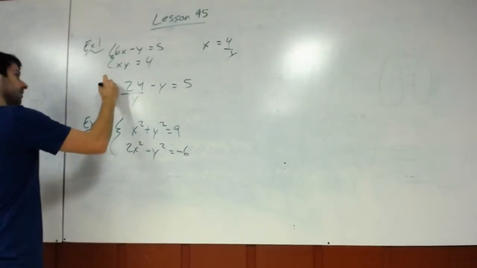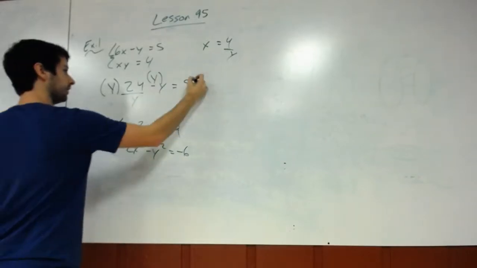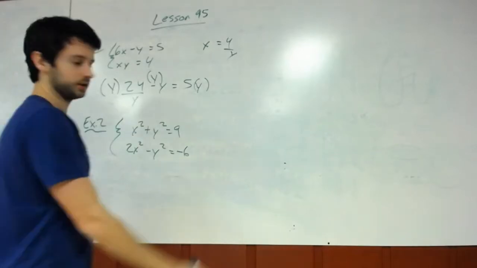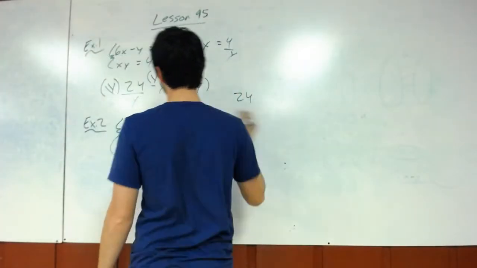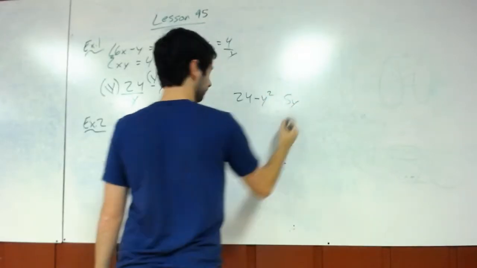I need to multiply here by y, here by y, and here by y. So that leaves me with 24, because those cancel out, minus y squared equals 5y.